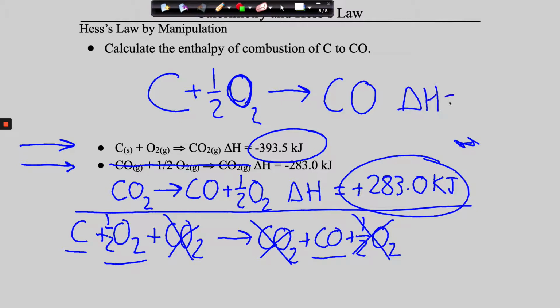Delta H is equal to negative 110.5, don't forget units, kilojoules. So, guys, that is Hess's law by manipulation. They give you the equations to manipulate. You muck around with them. You make them line up. And then, guys, they add up.